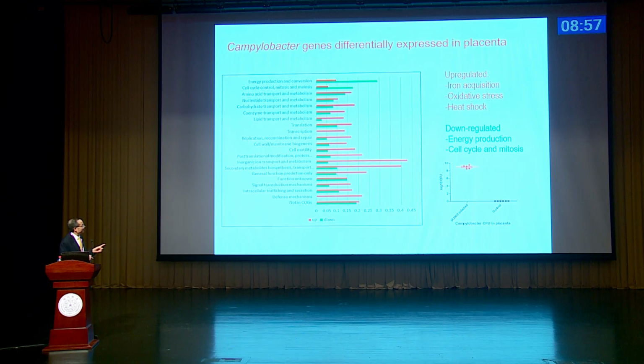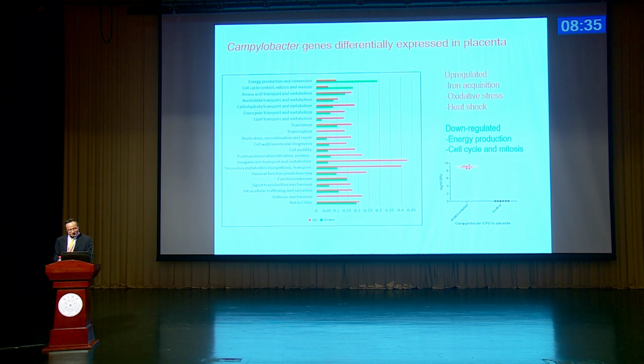There are 5 pathways for iron acquisition and utilization in Campylobacter, and all 5 went up. The downregulated ones were related to energy production and cell cycle. So apparently, Campylobacter slowed down its metabolism and replication in order to survive.